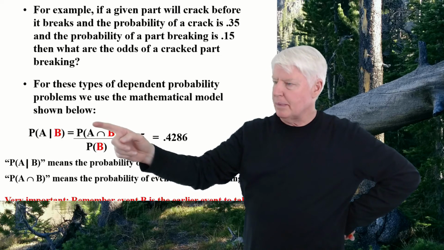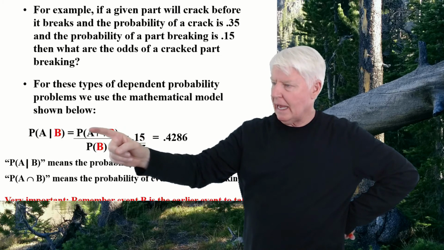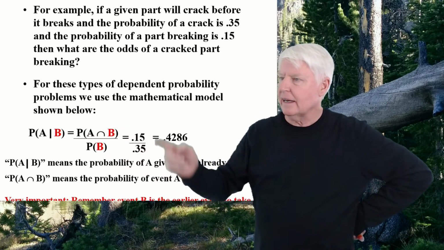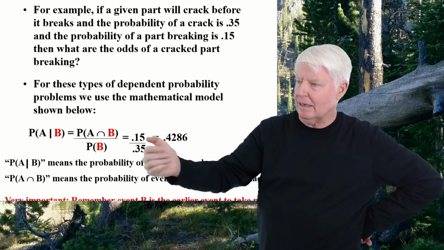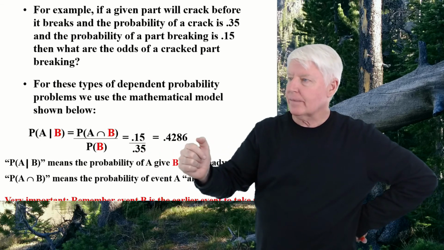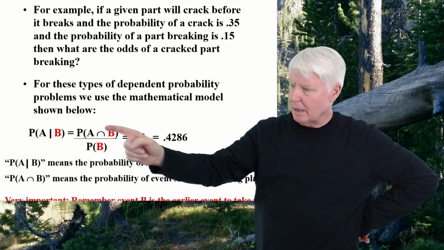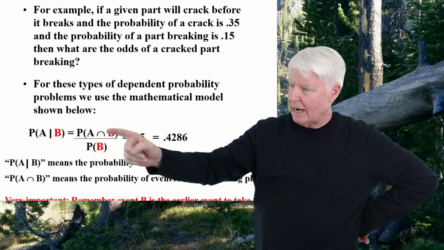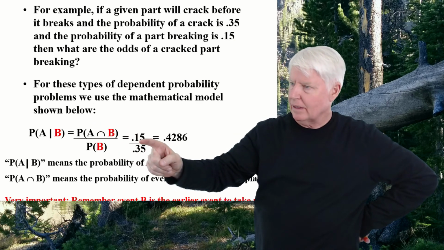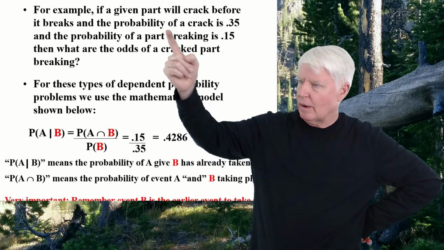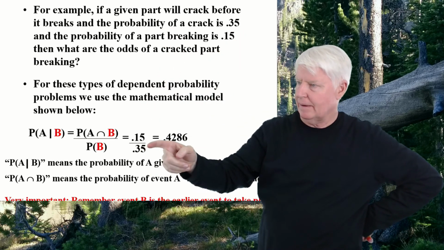Okay, so the probability of a part breaking, and of course we know that to be 0.35. Or I'm sorry, part breaking is 0.15. Sorry about that. So the probability of a part breaking or cracking and breaking is 0.15, and the probability of a part cracking is 0.35.